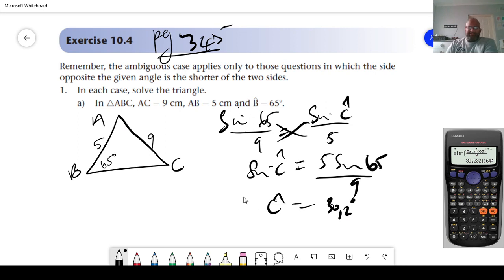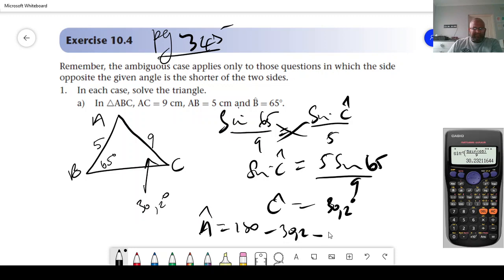As I said earlier, the ambiguous case is not going to apply. Then angle A is 180 minus 30.2 minus 65, which is 84.8 degrees.